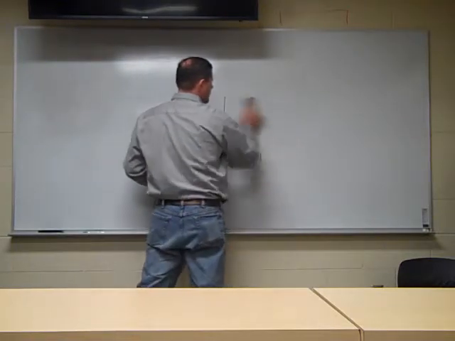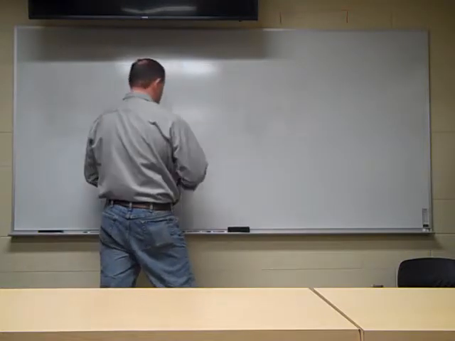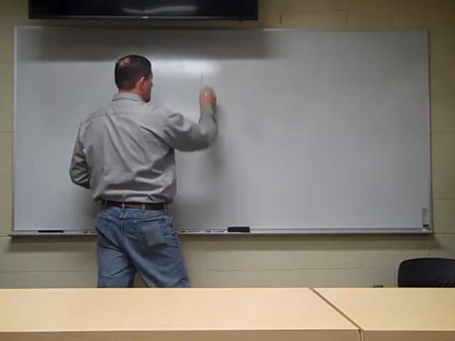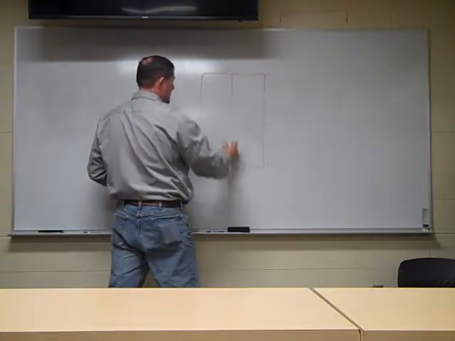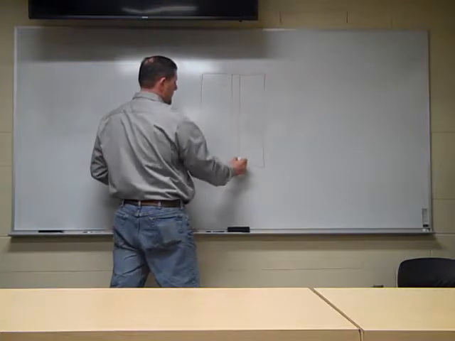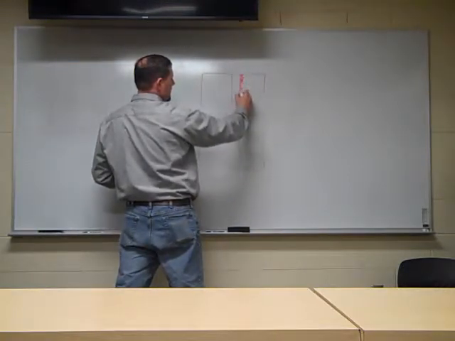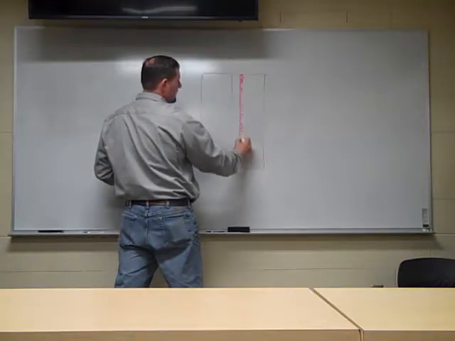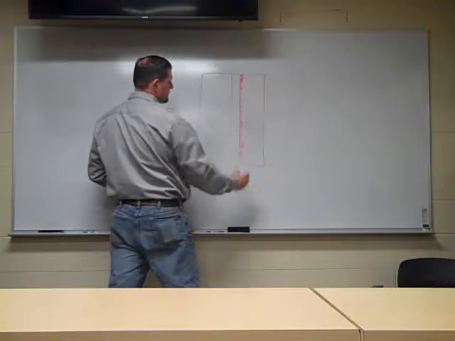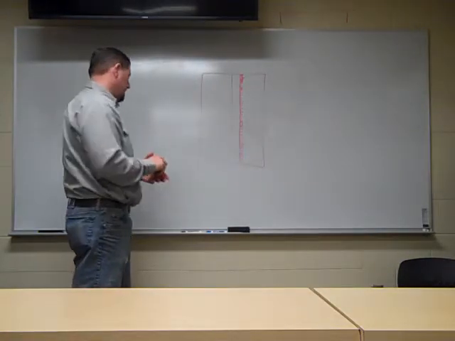How does it look from the top view? That means that one side is welded all the way. Here's my weld. Continuous fillet weld. There's no dimension to the right side of that fillet weld.